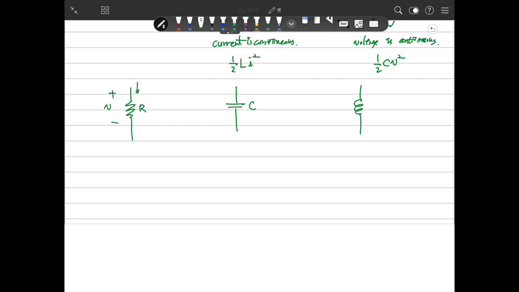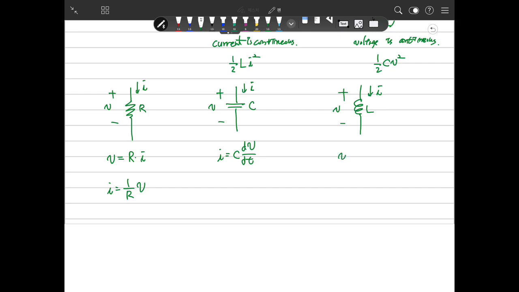Then there will be a voltage here, and this is the current, and so on for each element. In the case of R, V is RI, or I is 1/R times V. In the case of the capacitor, I is C dV/dt.